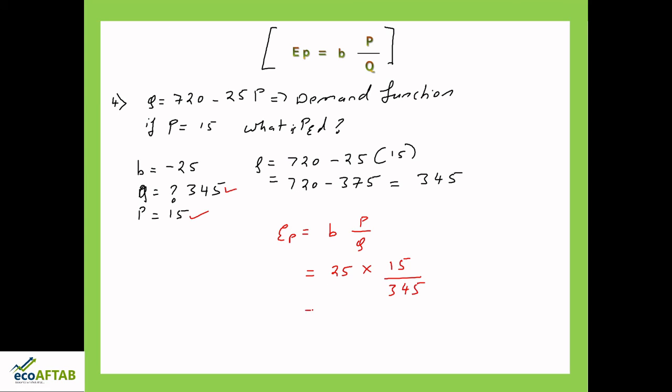When you solve this, we get the answer as 1.08. So, this is how we calculate. What is 1.08 telling us? The elasticity of demand is more than 1, so it is more elastic. Friends, this is one way through which we make use of the demand function to solve price elasticity.